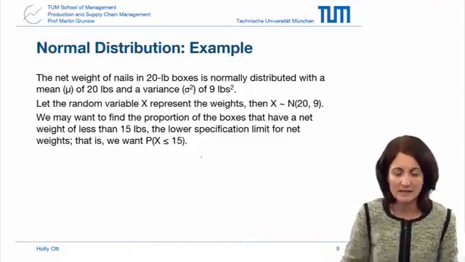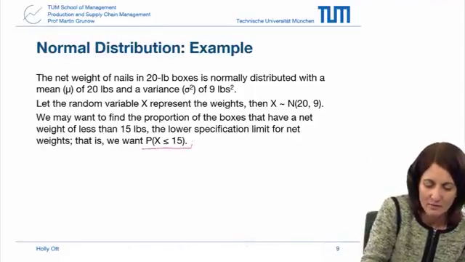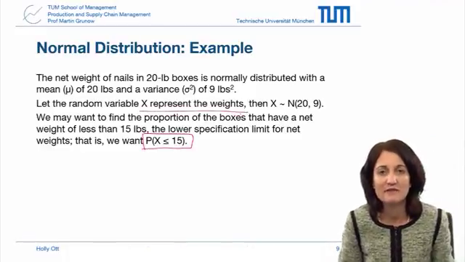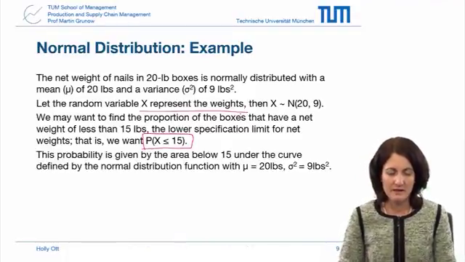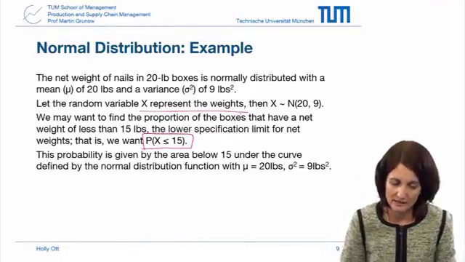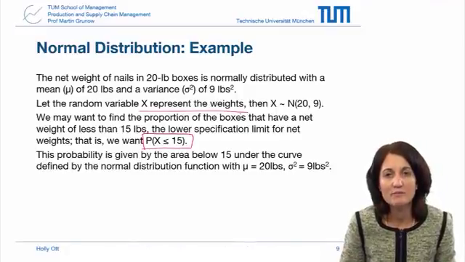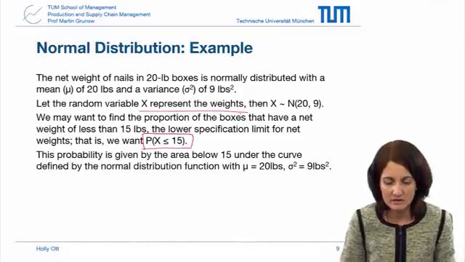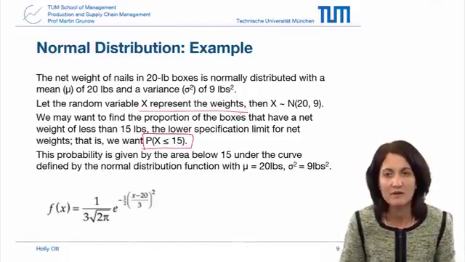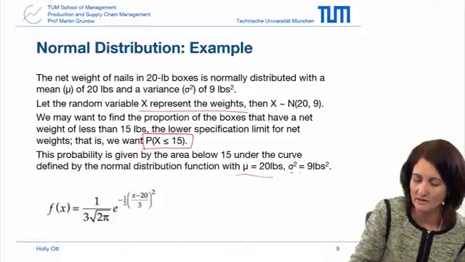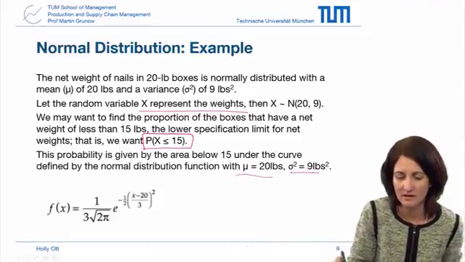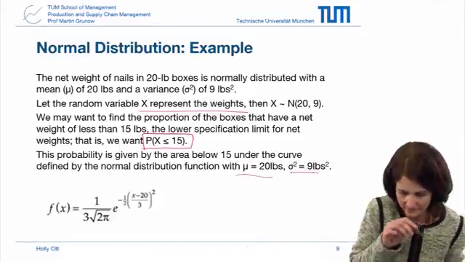Now, we may want to find the proportion of the boxes that have a net weight less than 15 pounds. Let's say that's our lower specification limit for the net weights. We're not allowed to sell any boxes of nails that have less than 15 pounds in them. So what that means is that we're looking for the probability that our random variable x, the weights, is less than 15 pounds. Now, this probability is given by the area below 15 under the curve defined by the normal distribution function with mean of 20 pounds and a variance of 9 pounds squared.